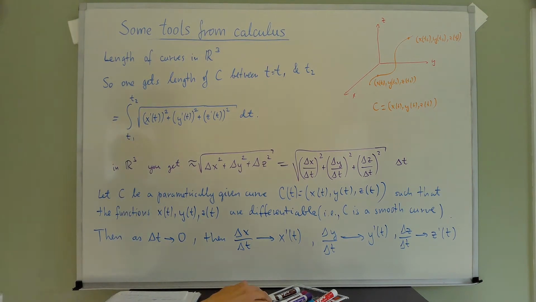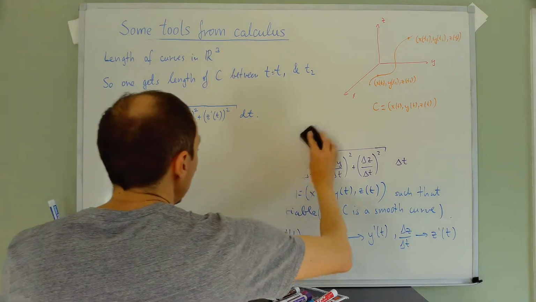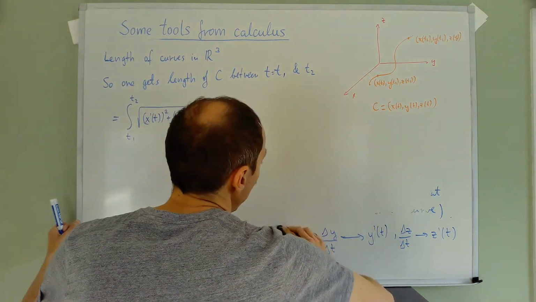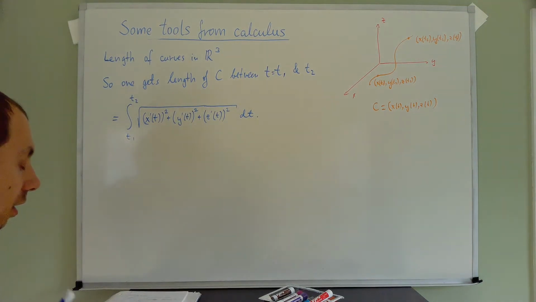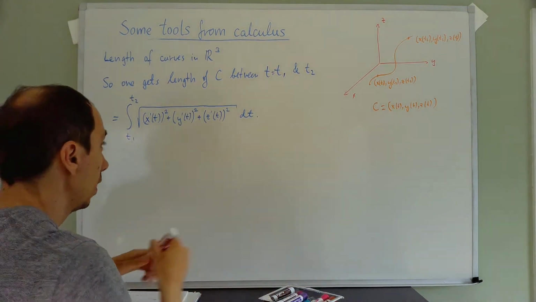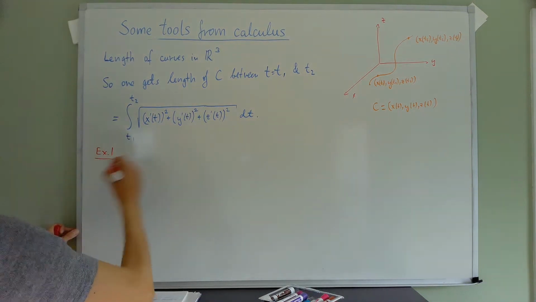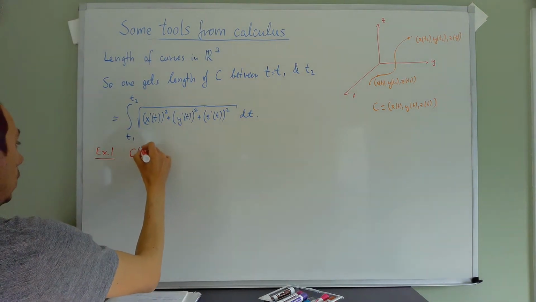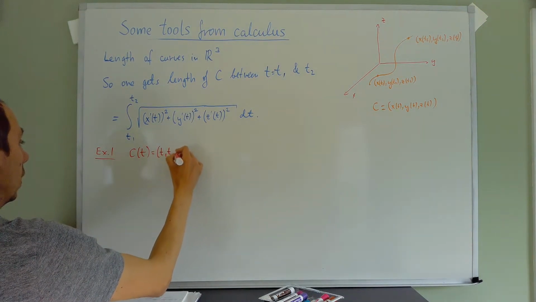So let's compute it in a few examples, the ones that we actually talked about in the previous part of this video. We had some very simple curves. The first one was a line, C of t given by t, t, t.